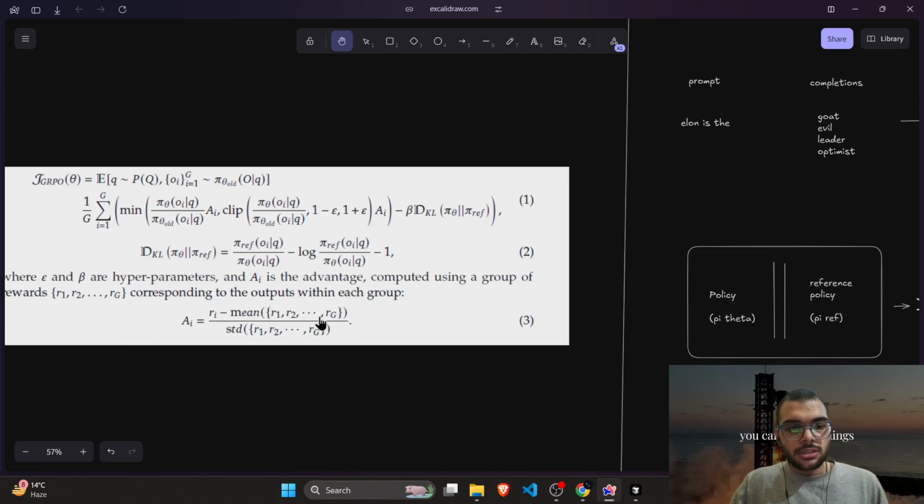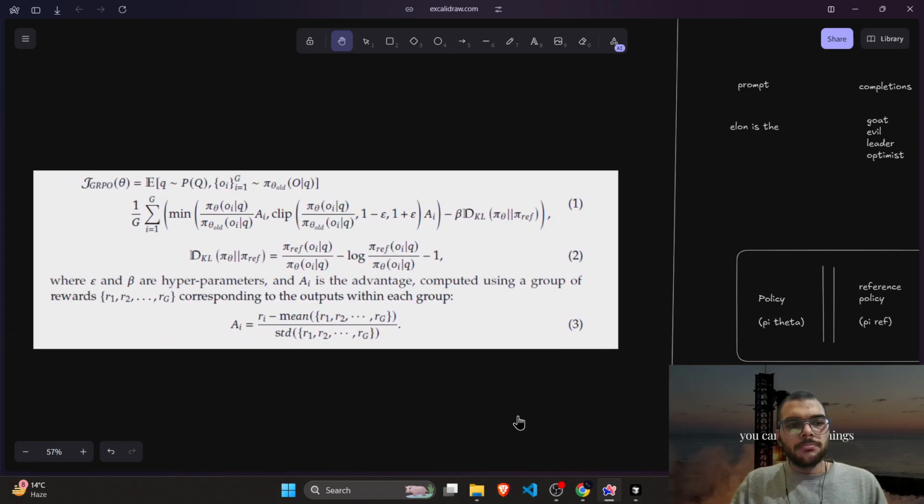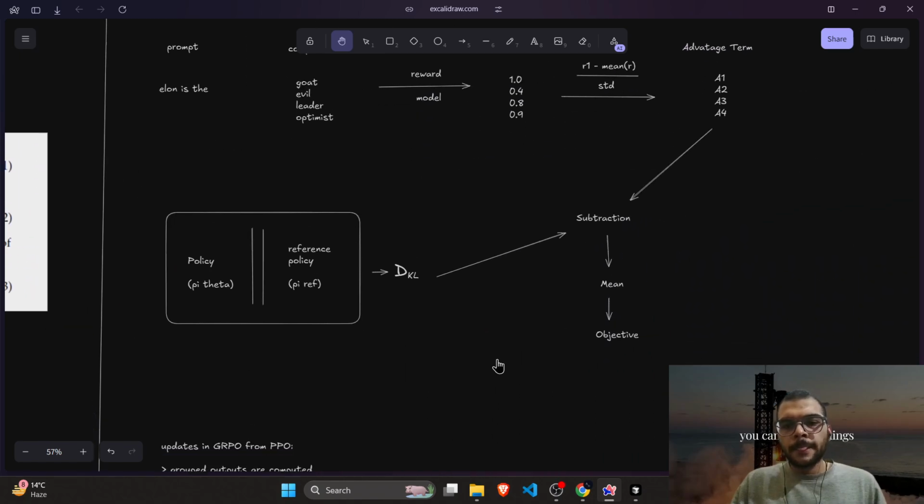And then this is the advantage term calculation, which is for each reward, just subtract the mean and divide by the standard deviation. And this is the complete GRPO objective, which we need to optimize to maximize the reward for the model.